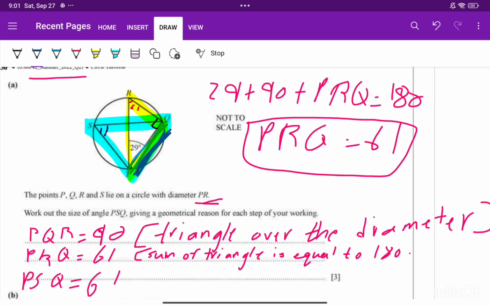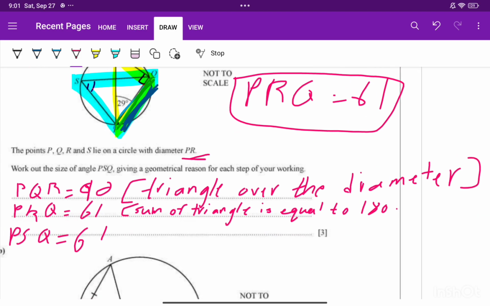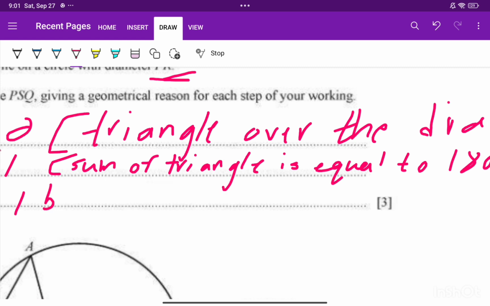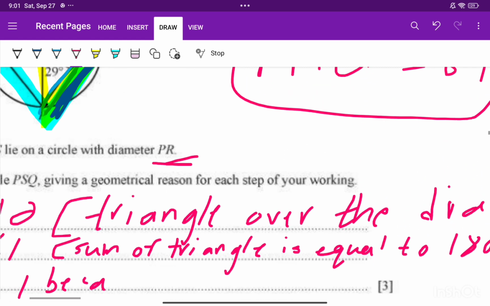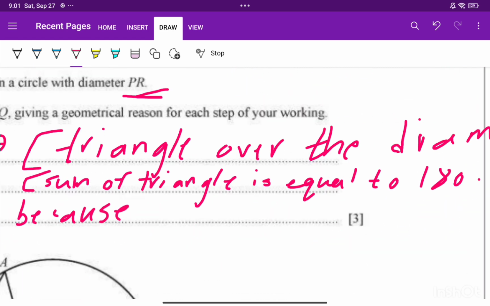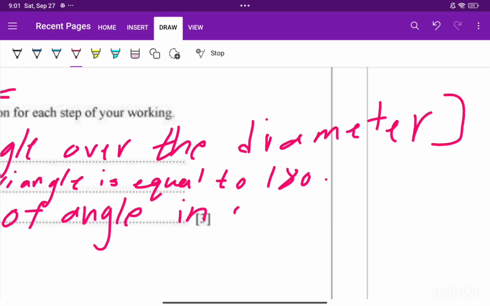So that's why we will write angle PSQ is equal to 61 because of angles in the same segment.